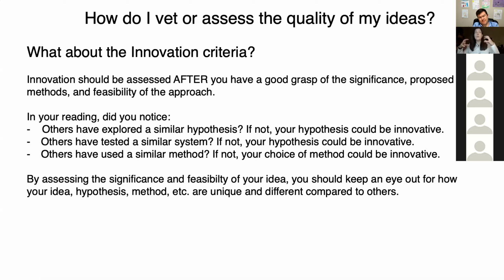That would be using a kind of combinatorial library of reactions. Has anybody done that for the reaction you're talking about? So your choice of method could be innovative. As you're reading, think about what's been done by the field, and if that hasn't been done by anybody, that could be a source of innovation.